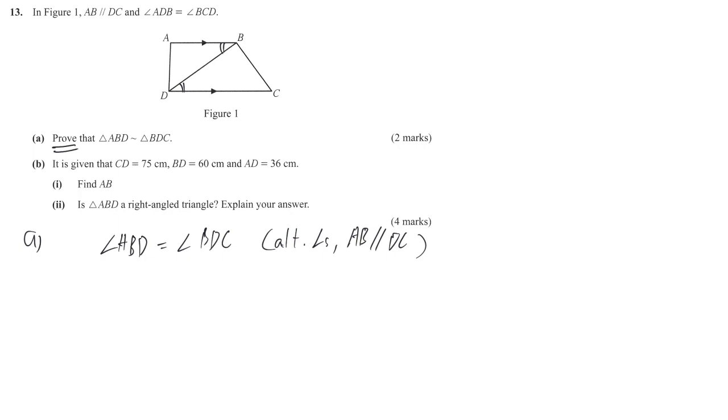And then after that, you say that it's given angle ADB equal to angle BCD. The reason is given. Basically, you should prove this angle is equal to this angle because of angle sum of triangle. Or you just say that two pairs of angles are the same. That's why they are similar.